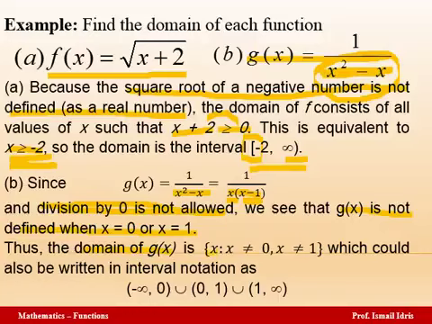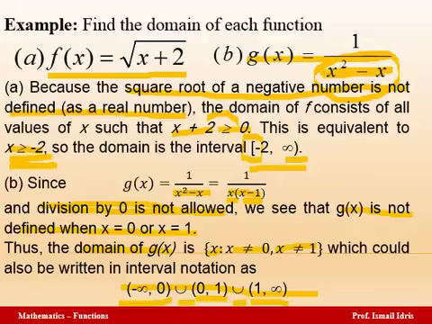So we can write it this way: all x such that x cannot be 0 and x cannot be 1. Or we can write it in interval notation this way: all values between minus infinity and 0, all values between 0 and 1, all values between 1 and infinity, and take their union. Note that 0 and 1 are not included in these intervals.